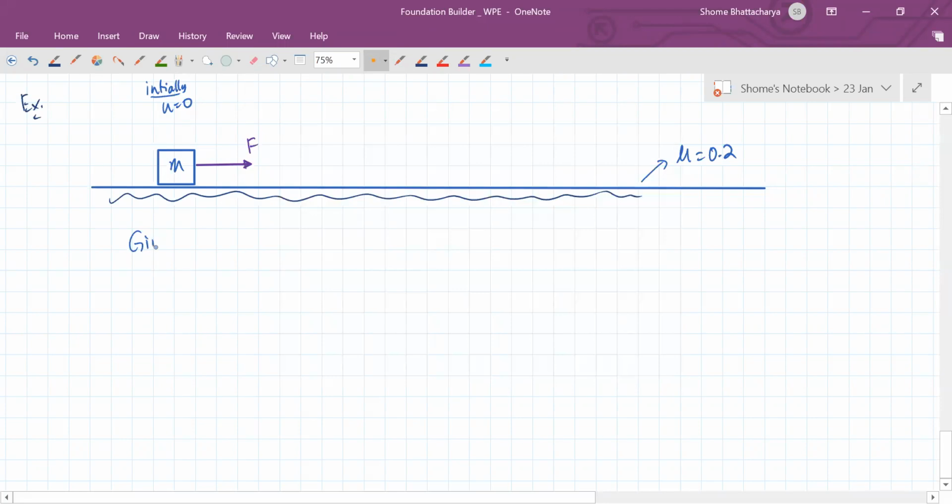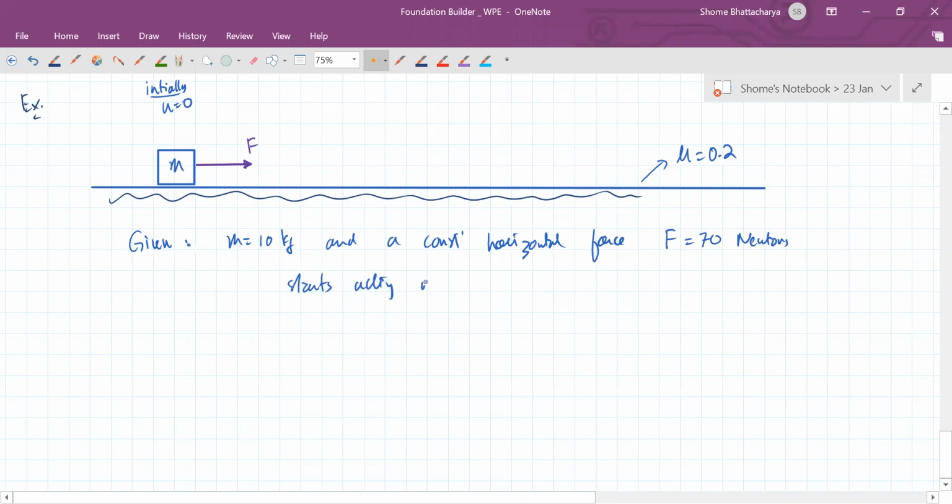So given mass of the block is equal to, let us say, 10 kilograms, and a constant horizontal force of F equal to, let us say, 70 newtons starts acting on it from the initial state where it is at rest.